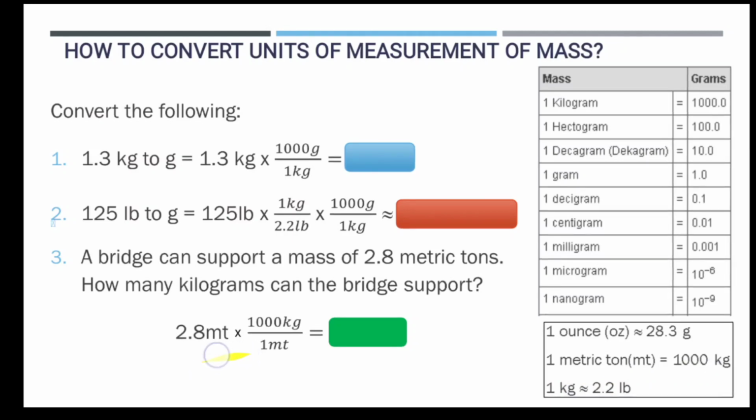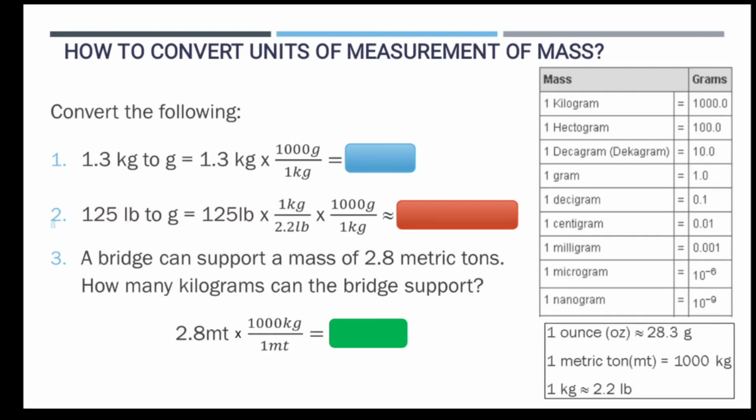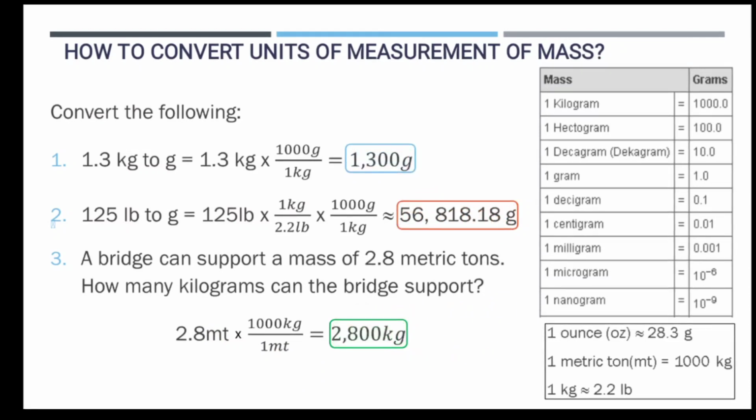Since the given is metric tons, our denominator is metric tons. So 1 metric ton is equal to 1,000 kilograms, so our numerator is 1,000 kilograms. So 2.8 times 1,000 kilograms, because we canceled metric tons. Therefore, our answer is 2,800 kilograms. So the bridge can support 2,800 kilograms.